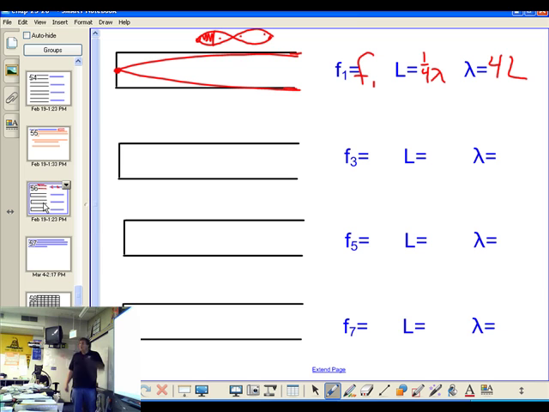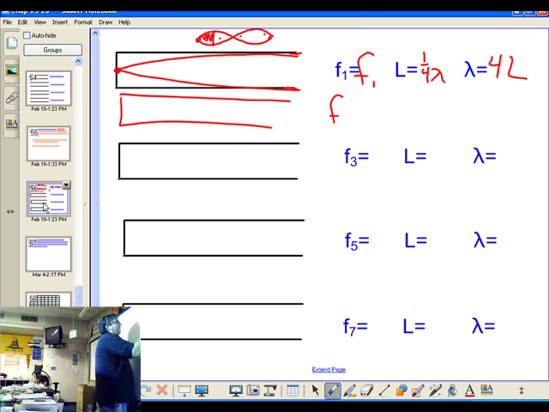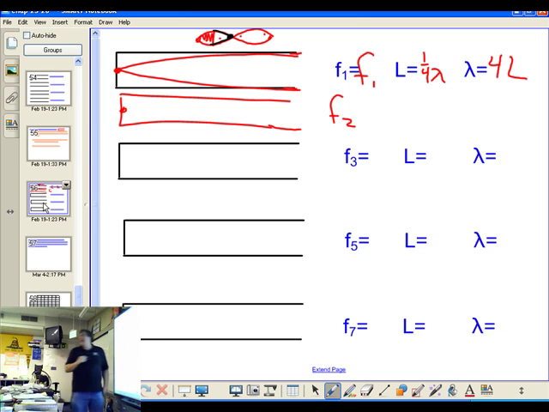1/4 the wavelength. But remember when we did the other tubes and strings, we started with an antinode, and we went up 1 antinode each time. Well, here, if I start with half an antinode, the next one should go up another half, right? But if the next one, which would be our F2, went up a half wavelength, that puts what at the end?